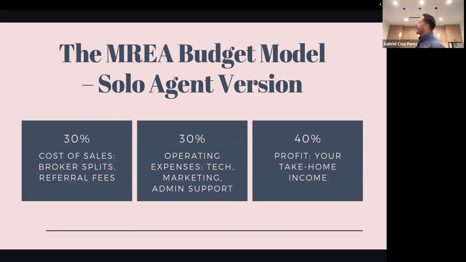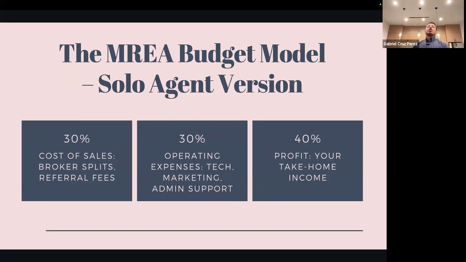Now, welcome to algebra class. If the cost of sale is 30%, and this agent is showing just a 10% profit, what is actually their operating expense percentage? We take 30, 60%. We didn't put taxes in there.